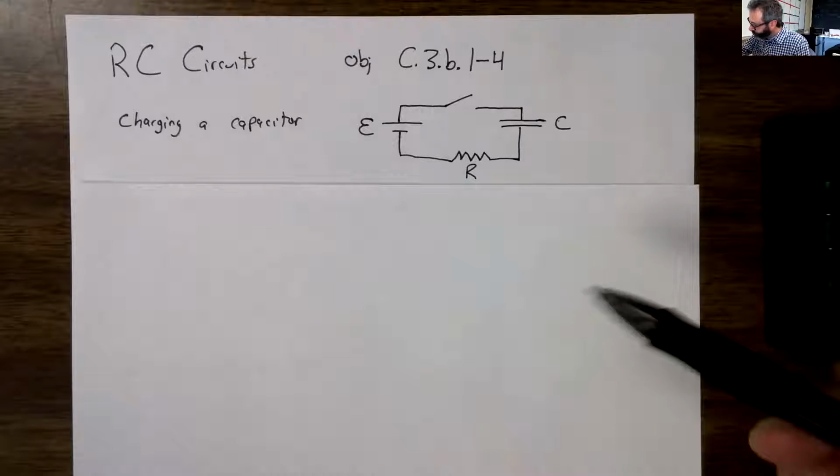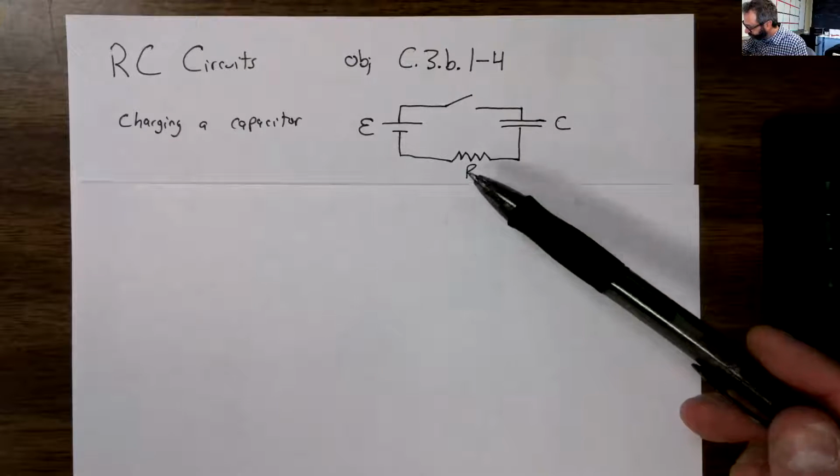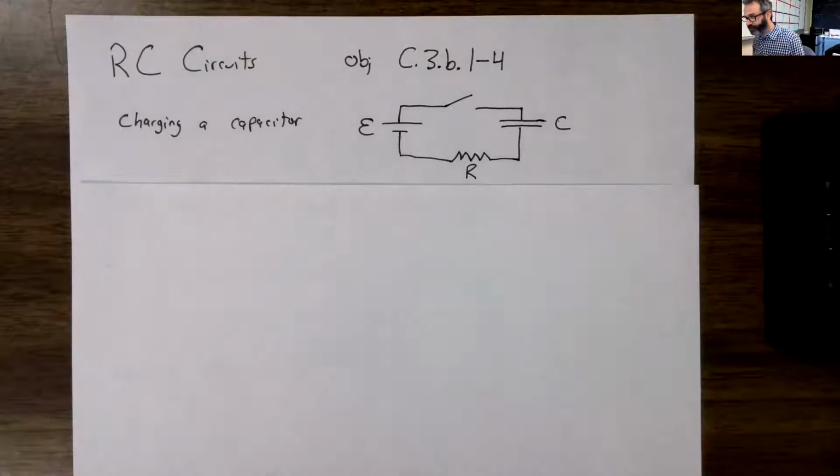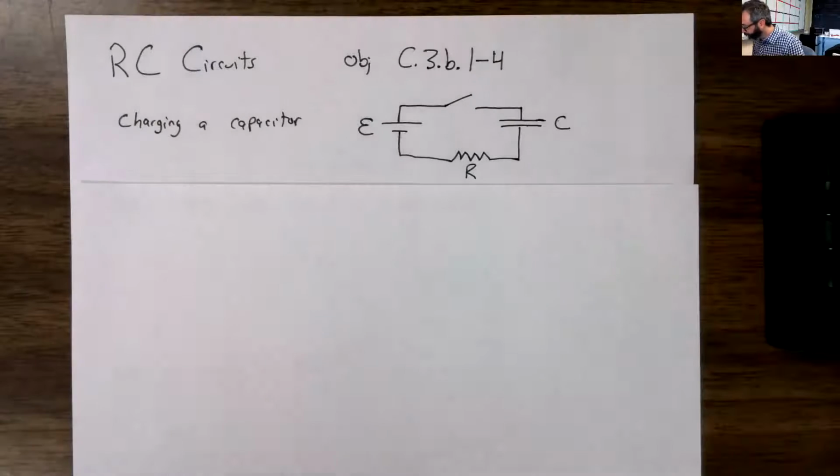So how might the resistor, and this is just before we get into the details of it, affect how long it takes to charge, or how long it takes charge to build up on the capacitor? It's probably going to slow it down because it's going to resist the flow of current. Right. So that makes sense.